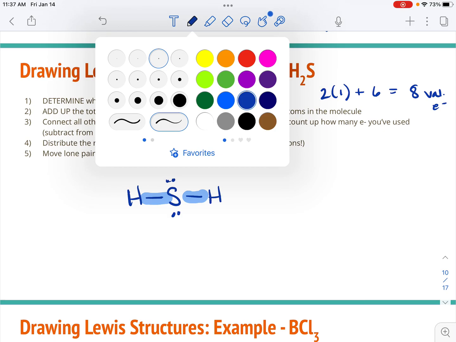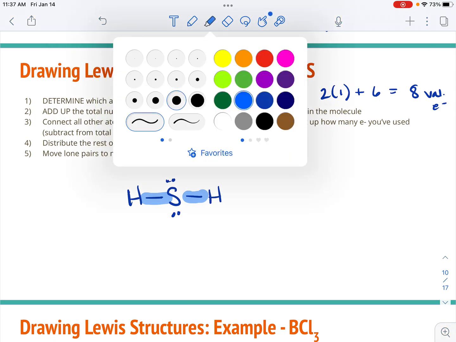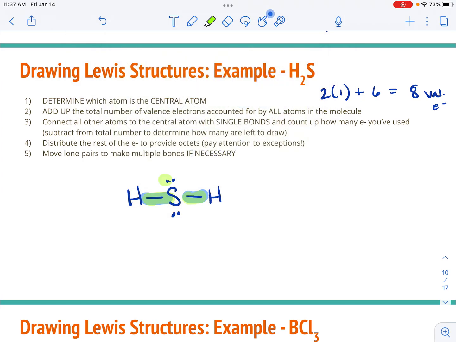And now you can see that I have a total of 2, 4, 6, 8, which matches the 8 I'm allowed to draw. And so everybody has their octet. We can check that. Sulfur has 8, 2, 4, 6, 8, and each hydrogen has only 2, but hydrogen's stable with 2, so it's an exception and we're good to go.